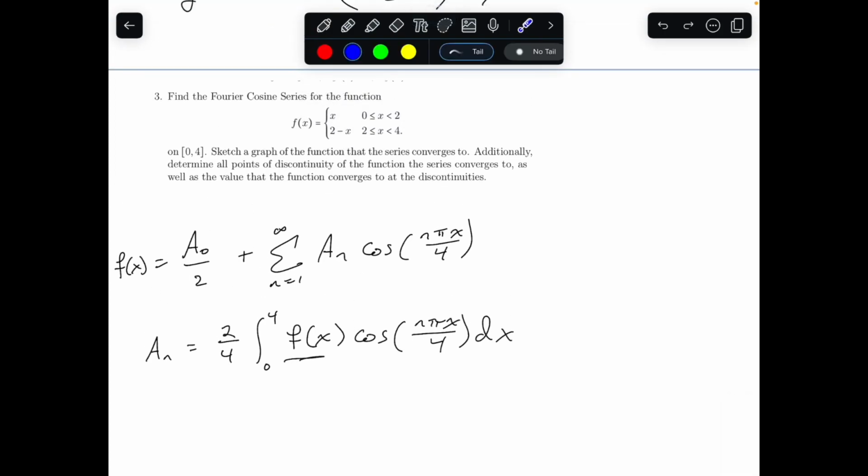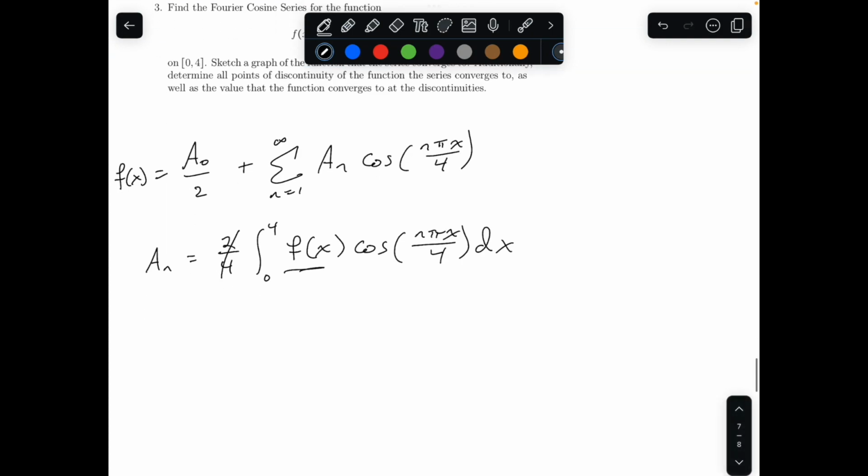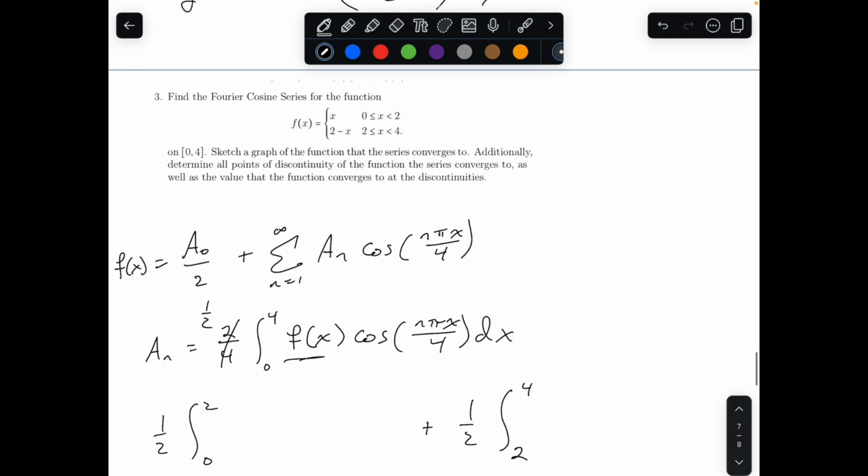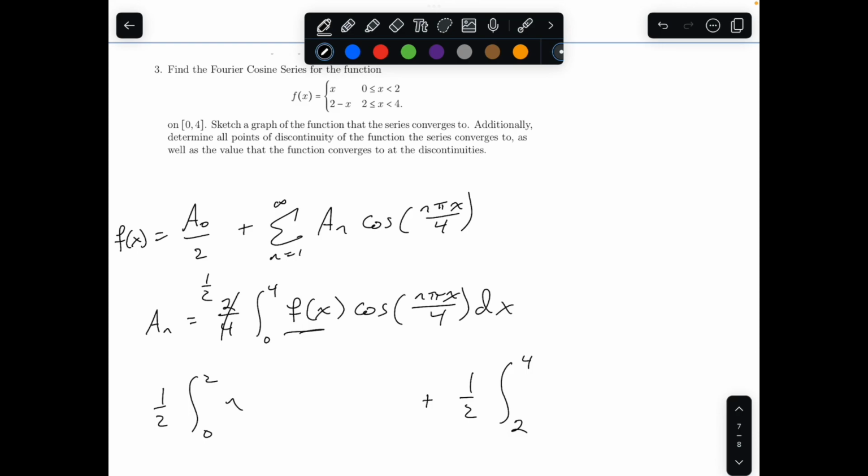Now in this case, because F is a piecewise function, you want to split this integral up into an integral from 0 to 2 and then an integral from 2 to 4. By the way, this is a half over here, so we're going to just write that as a half. And then we get a half times the integral from 0 to 2, plus, distributing the half to both integrals, a half times the integral from 2 to 4. And from 0 to 2, f of x is just equal to x.